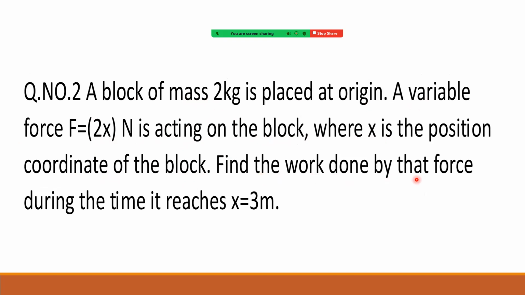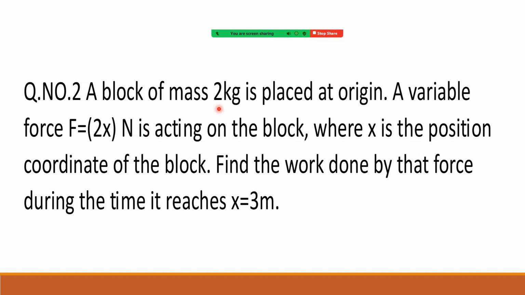Find the work done by that force during the time it reaches x equal to 3. The purpose of this question is that this is a variable force. So how to calculate work done when force is variable? Now see how we are solving it.